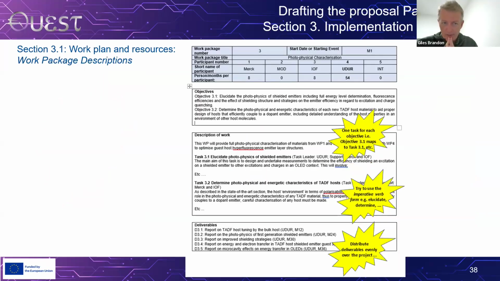Also in implementation, you're going to have to get your work package leaders to write their work package descriptions. Now, what you see here is actually an example from a Horizon 2020 proposal.